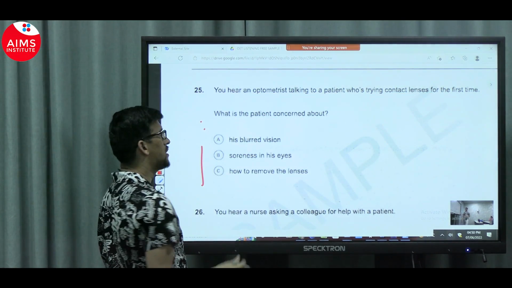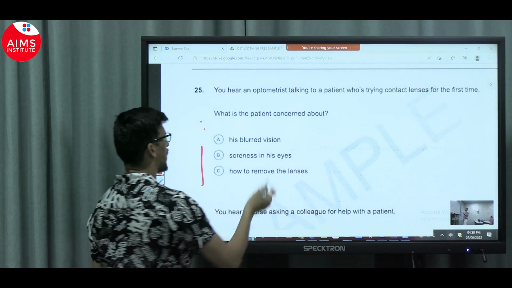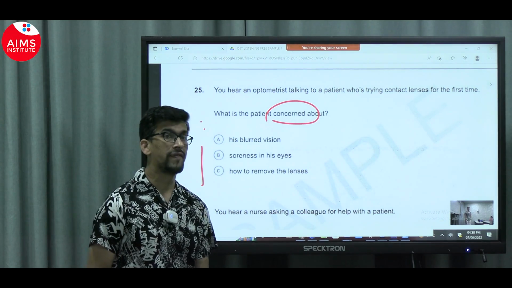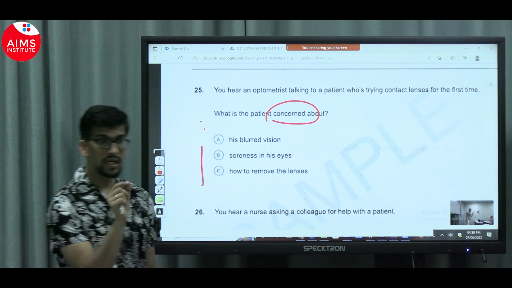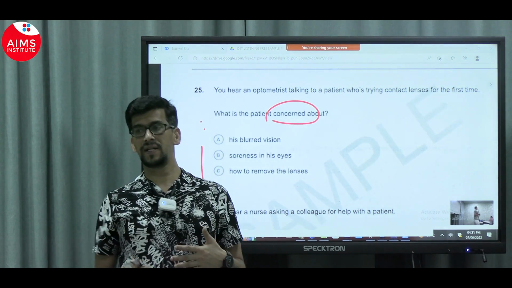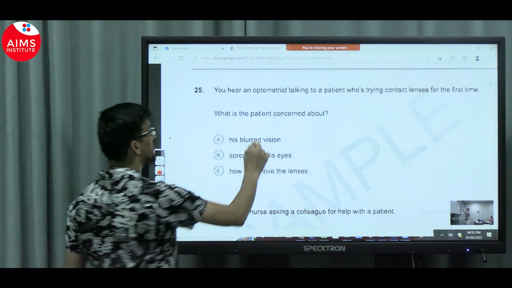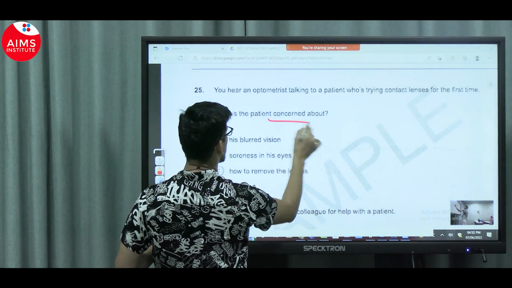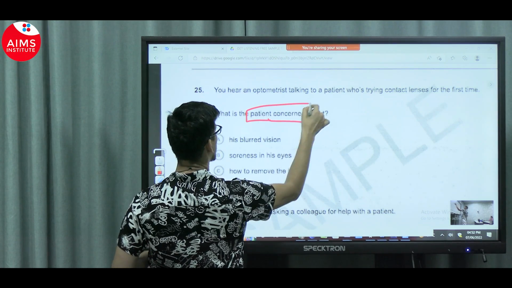As an OET candidate, the skill that you should develop is thinking about the alternatives of "concerned about", not the English word, but how he might express his concern through words. This word "concerned", you have to put it in a box. Patient concerned.